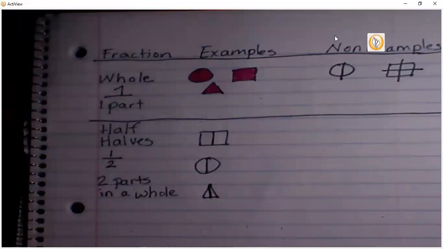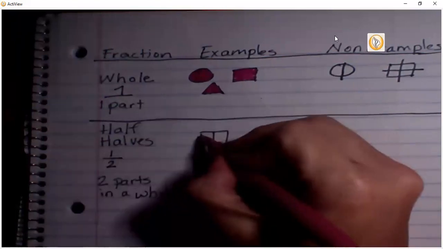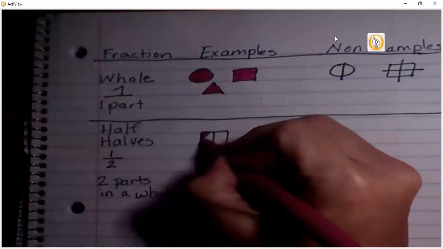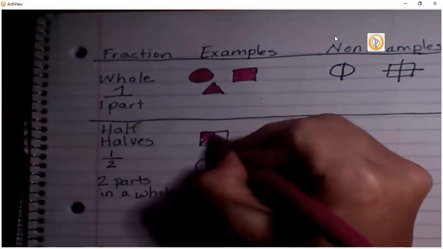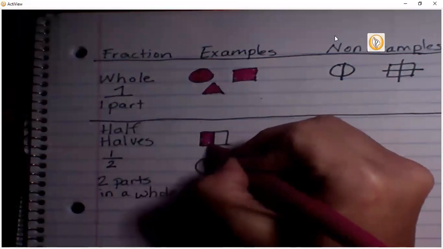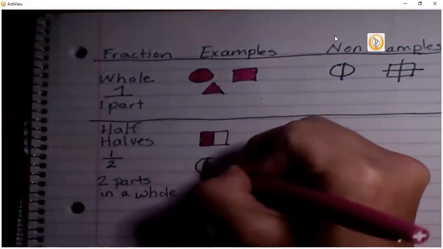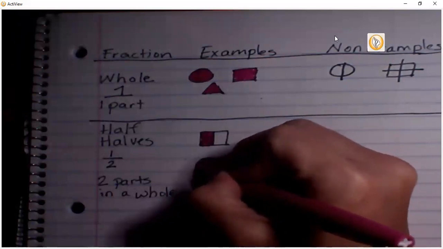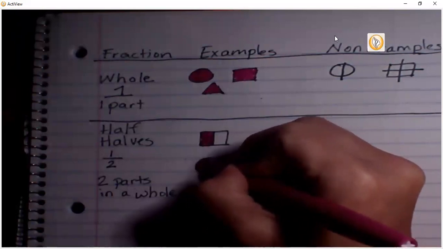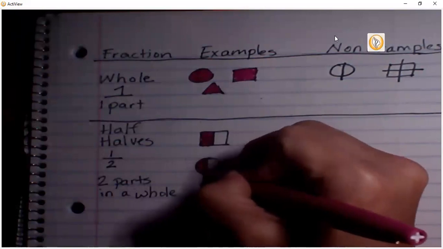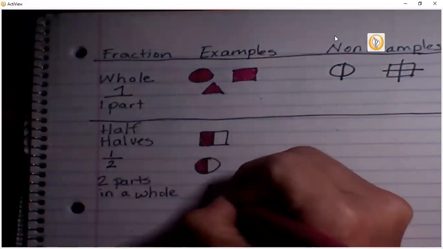You can do this with your pencil. I'm going to use a color so you guys can see clearly. I'm going to color in just one of those halves. And if you do want to grab a crayon and do this, that's absolutely fine. Remember, at any time you can pause this video so you may work along.